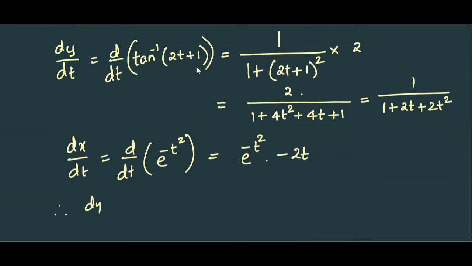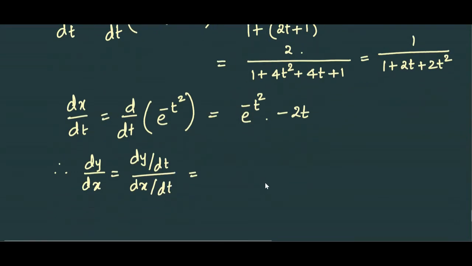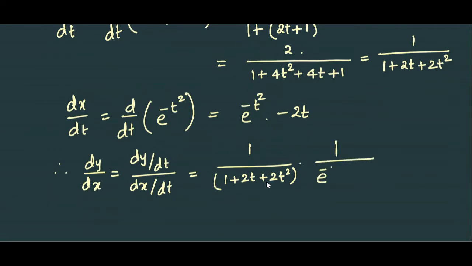Therefore dy by dx is dy upon dt by dx upon dt. So dy upon dt is this, and divided by dx upon dt, which is e power minus t square into minus 2t.